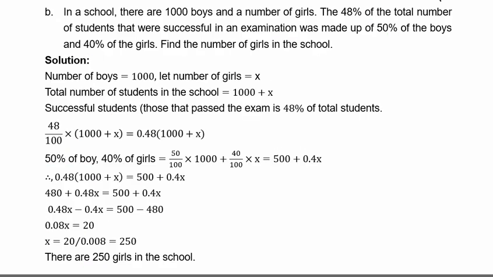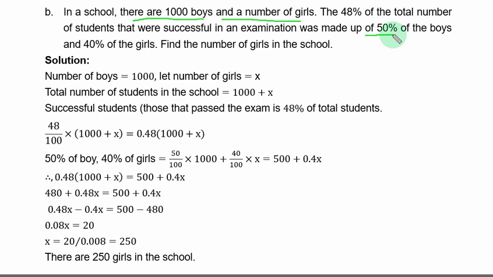Question 7b. In a school, there are 1,000 boys and a number of girls. The 48% of the total number of students that were successful in an examination was made up of 50% of the boys and 40% of the girls.